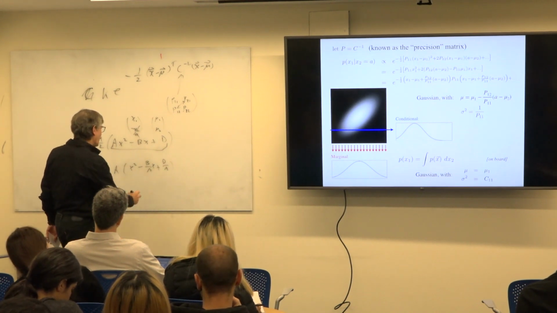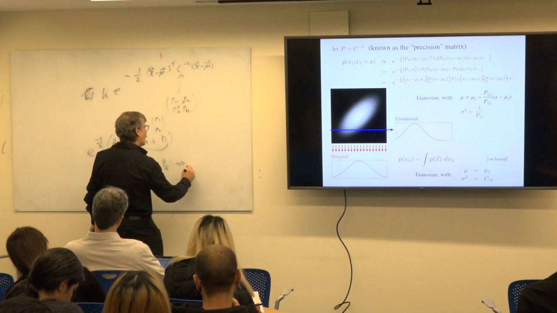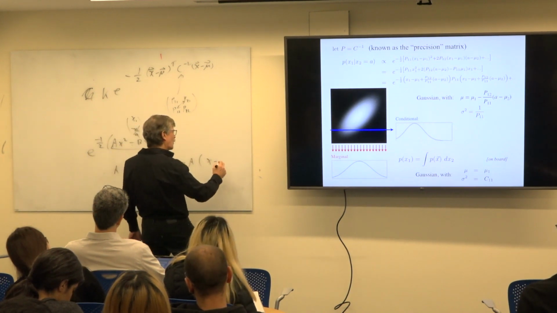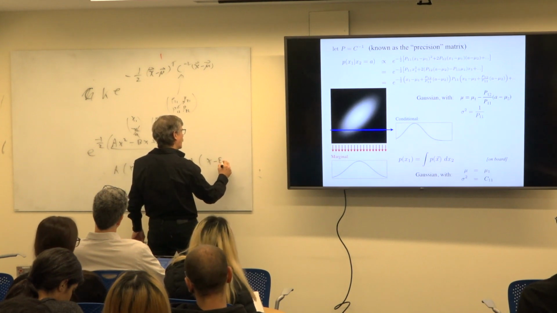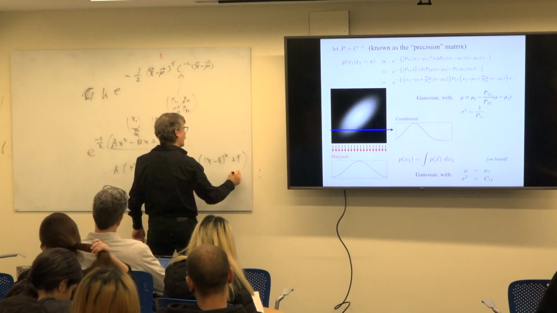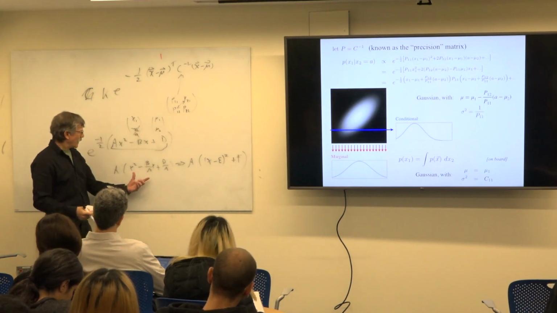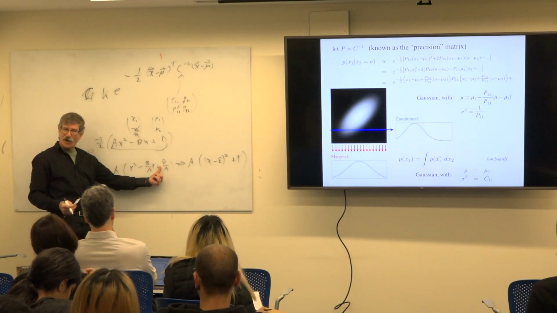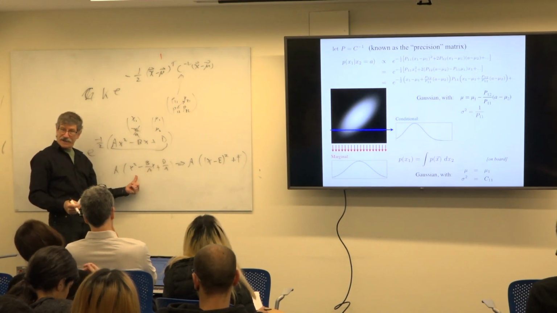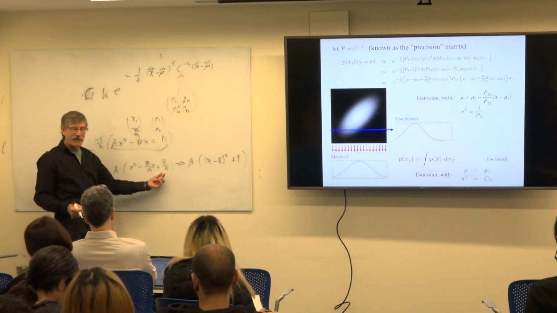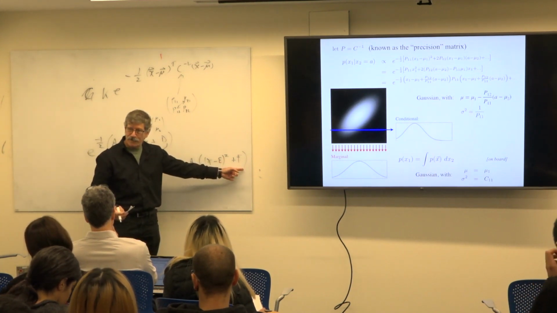So in other words, this can be rewritten as a times x minus, I'm going to make up a new constant, e, squared plus f. Why can I do that? Because I can just figure out what's the constant I need over here such that it looks like x minus that squared, and then add and subtract it, and then absorb it into the other guy. Okay?